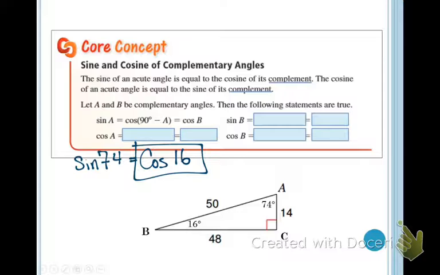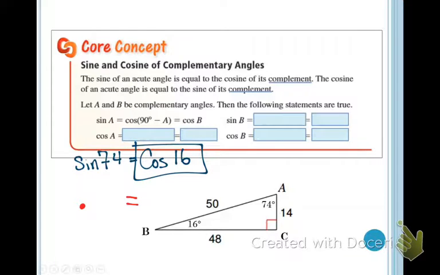And I will prove it to you. You don't have to do this every time. I'm just proving it. Pick up your calculator. Michael, can you type in sine of 74? Give me it to 2 decimal places. What'd you get?